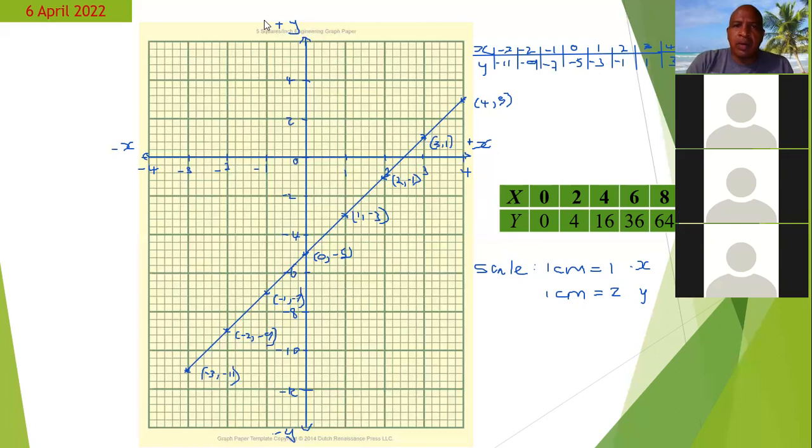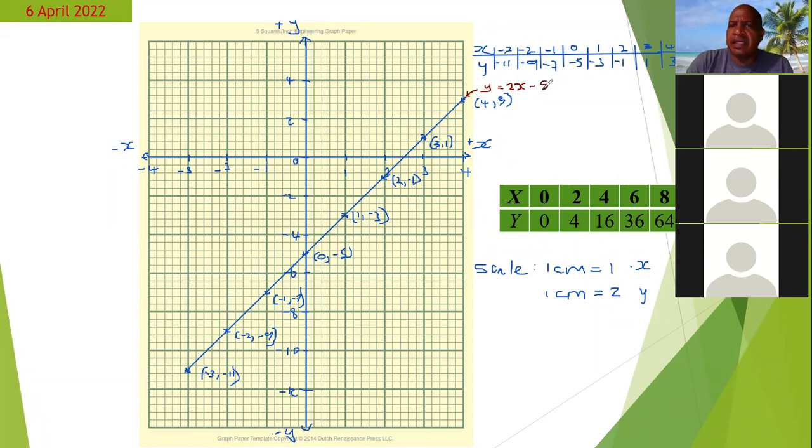Now, one of the things that you should do after you have drawn your line, you should write the equation beside the line to indicate that that is the equation that you used for the table. So in terms of the equation for this line, the equation would be y equal to 2x minus 5.